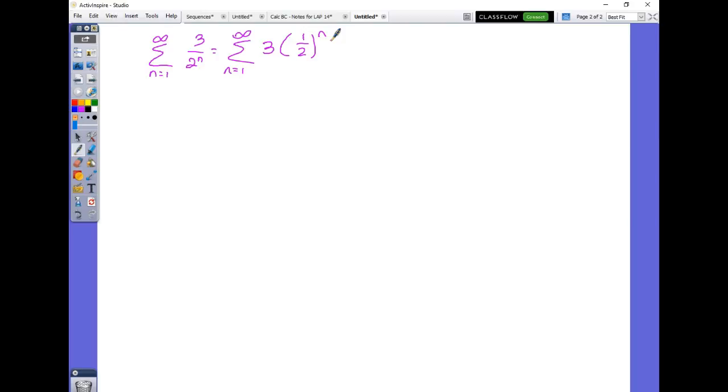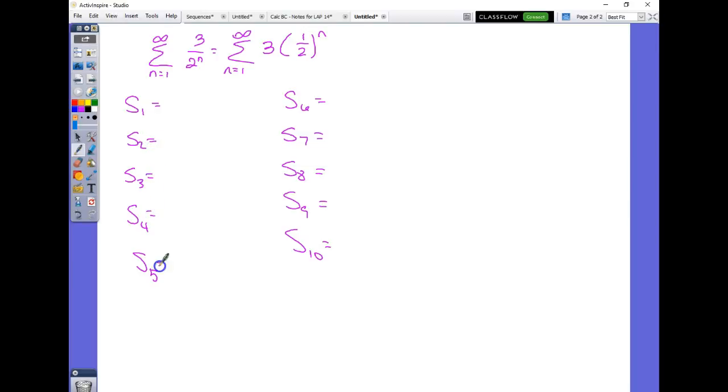I give you 10 terms. Using your calculator, I would like to know the first 10 partial sums of this series.